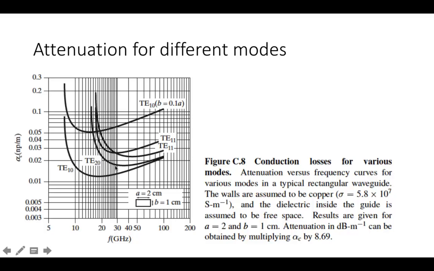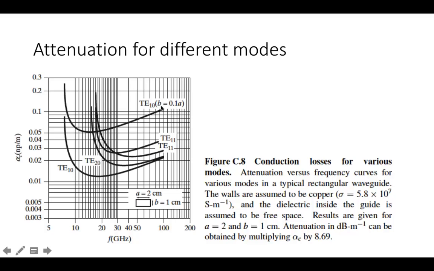But as you approach these higher frequencies, notice certainly the TE20 and the TE10 approach the same value. And if you look here where we've changed the ratio of B to A, so here A is 10 times B, you can see the losses are significantly higher.